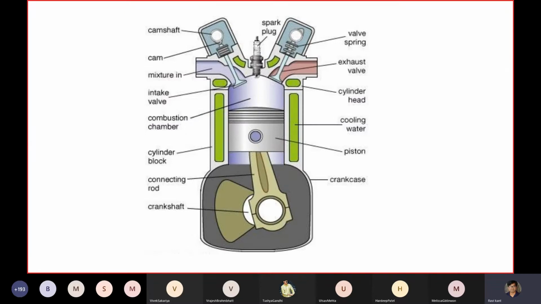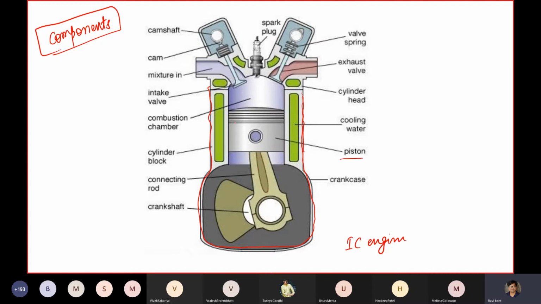So these are the components you would look at in a typical IC engine. Okay, so this is your crankcase. This is your casing, in which the piston-cylinder arrangement and crankshaft arrangement are put.